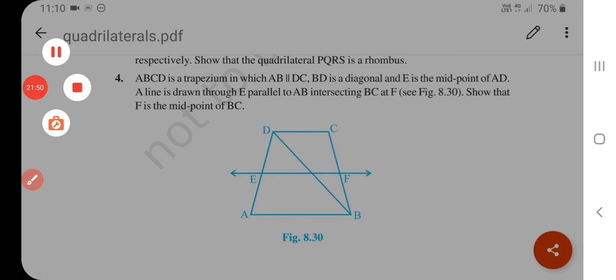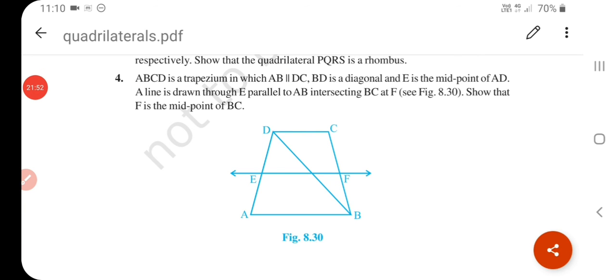So this type you have completed question number 5, 6 and 7 also. Okay, and this completes your chapter quadrilateral, and in this chapter we learned the sum of the angles of a quadrilateral is 360. A diagonal of a parallelogram divides it into two congruent triangles. In a parallelogram, opposite sides are equal, opposite angles are equal, diagonals bisect each other.